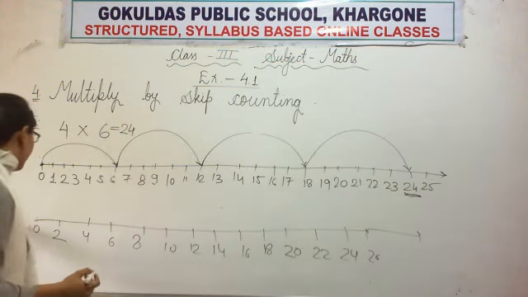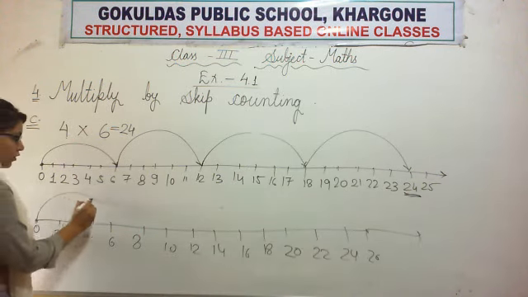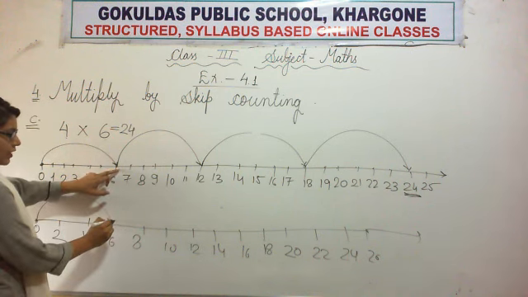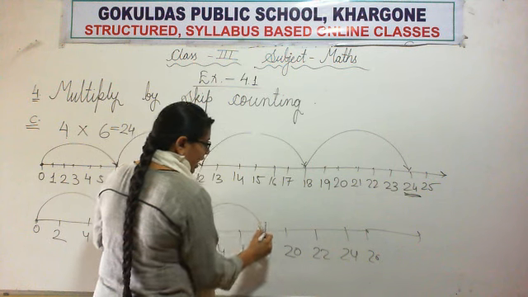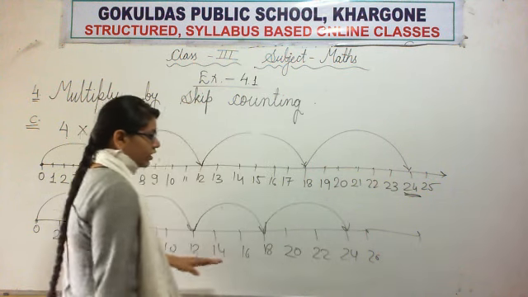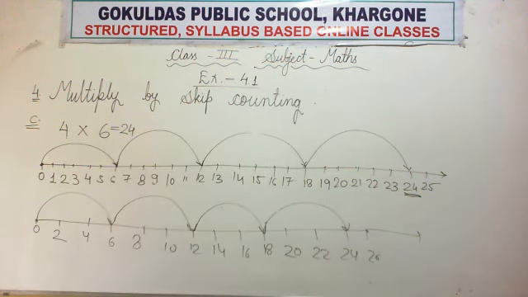The number line is given like this. So after 2, 6 will come, then after 6, 12, after 12, 18 and then 24. This is how you will draw it in your book. Draw it quickly, dear students.